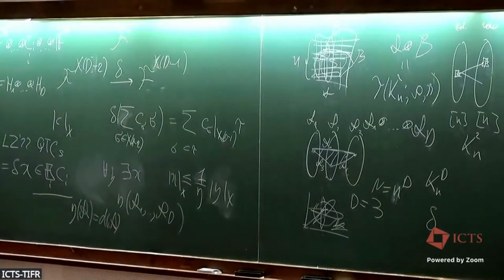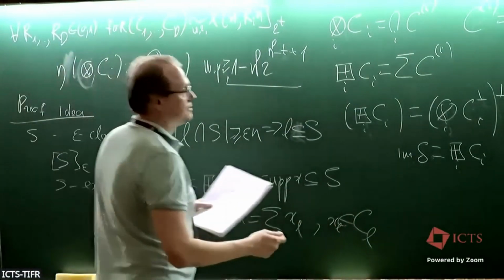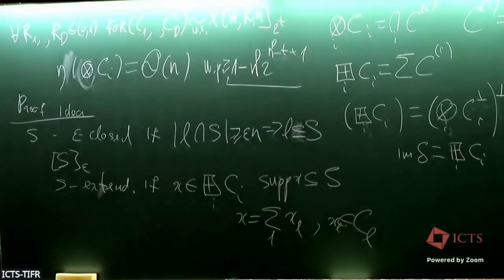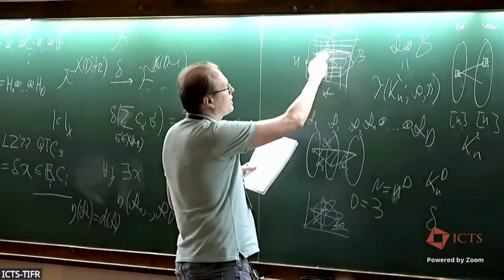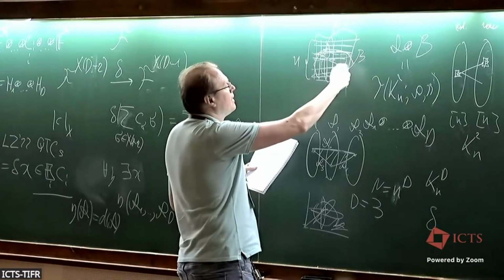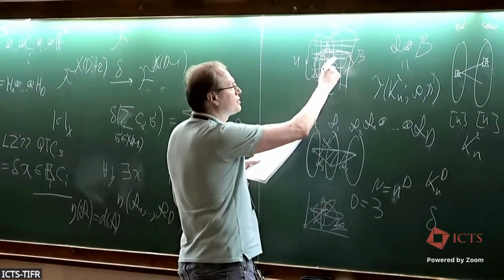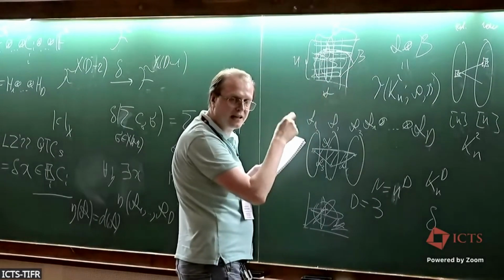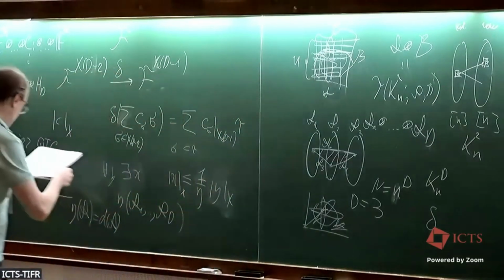So in this simple picture, we call S extendable if every codeword with support inside S can be obtained as a sum of lines. So this is a simple definition.